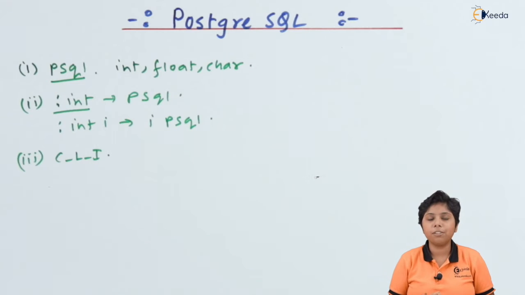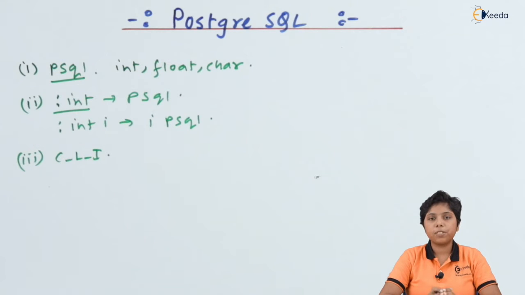Now the graphical user interface is also used by this PostgreSQL, which uses GiST and GIN-like features, the generalized search tree or the generalized inverted index, where we can implement all the features of PostgreSQL and also SQL. Now first we will talk about the PostgreSQL or PSQL system types.